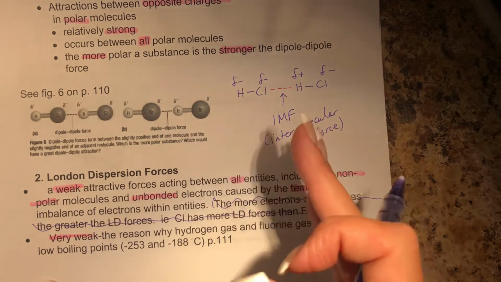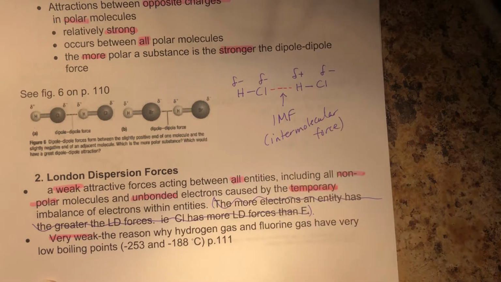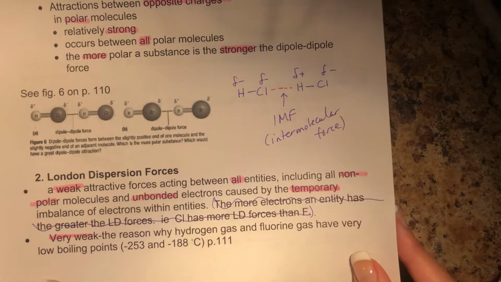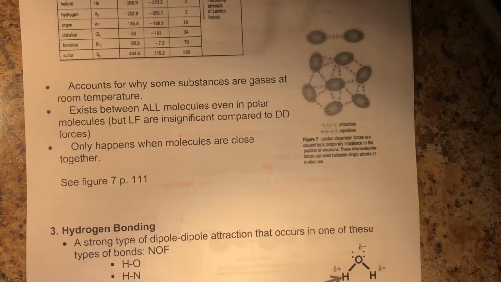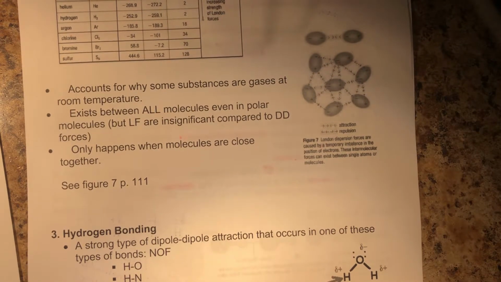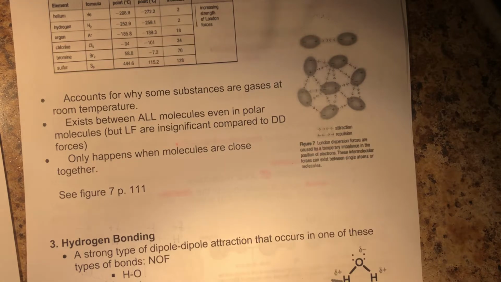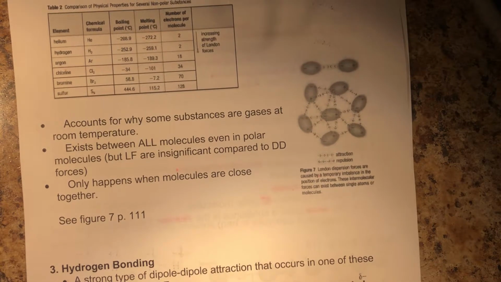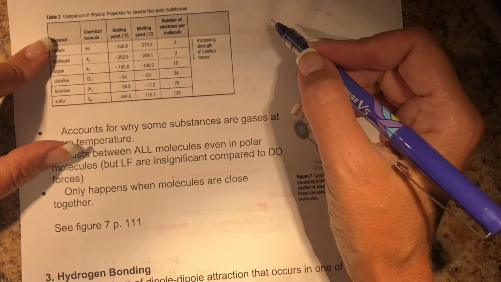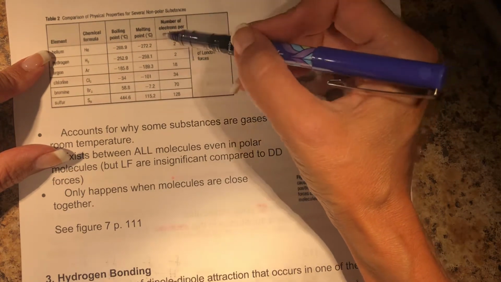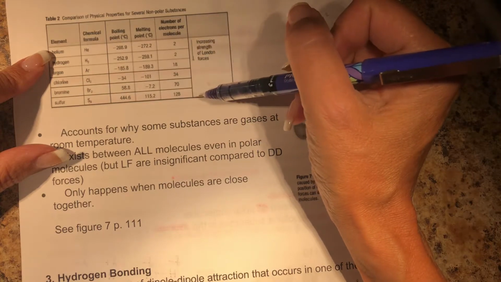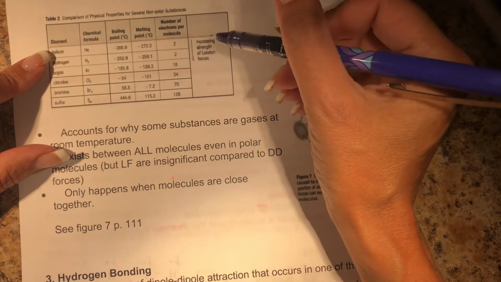Okay, so dipole in polar molecules, London dispersion in all molecules. So this little chart here is showing you a comparison of physical properties for several nonpolar substances. It's explaining how many electrons they have and how the London dispersion forces increase in strength.